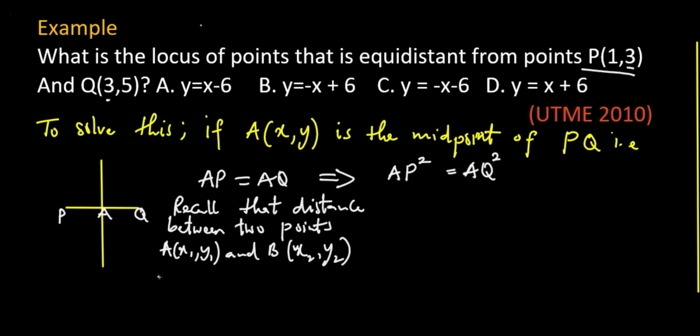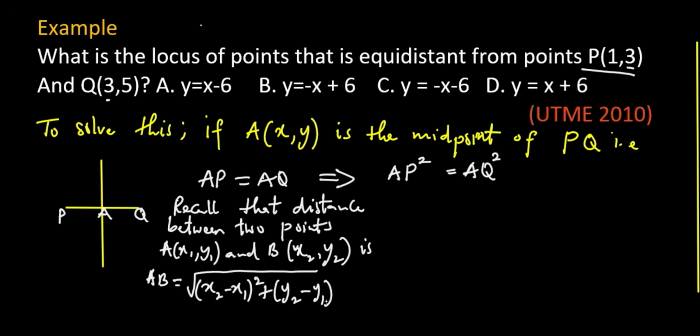The distance between the 2 points A and B, A having a coordinate x1, y1, B coordinate x2, y2, is equal to: distance AB is equal to the square root of the bracket x2 minus x1, we square it, plus y2 minus y1, and we square it as well.